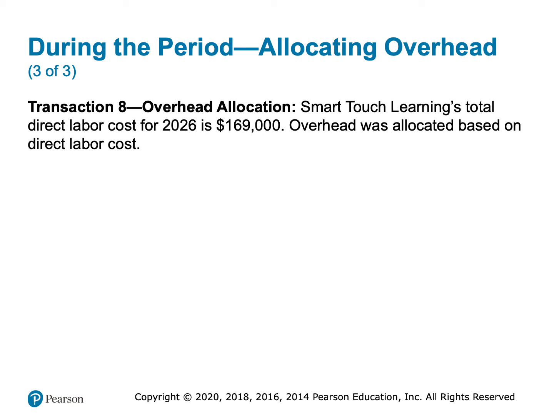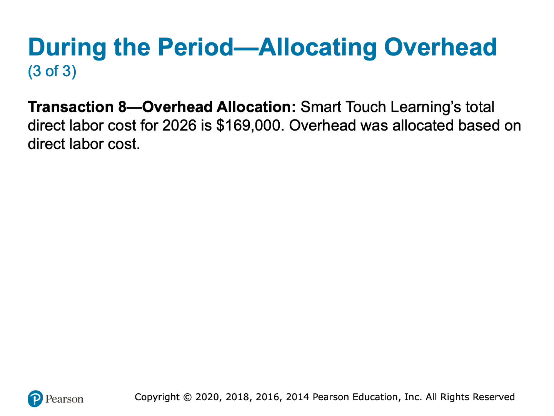So transaction 8 tells us that direct labor cost for the entire year was $169,000. Now that should sound familiar. We did that journal entry earlier, or we were given that data earlier. So now we're going to apply overhead to all of the jobs on the basis of 40%.